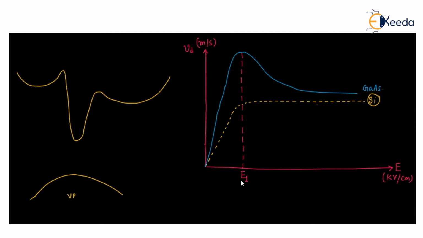This is the conduction band, and this is our EV and this is our EC. Both of them occur at the same value of k, because on the x-axis we are plotting k and on the y-axis we are plotting the kinetic energy of the electron.